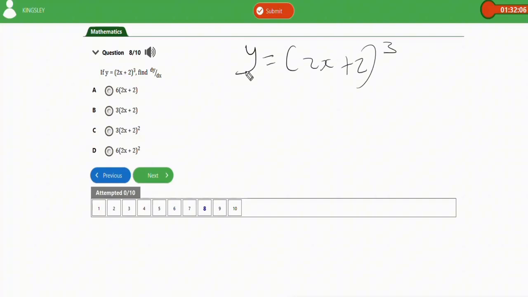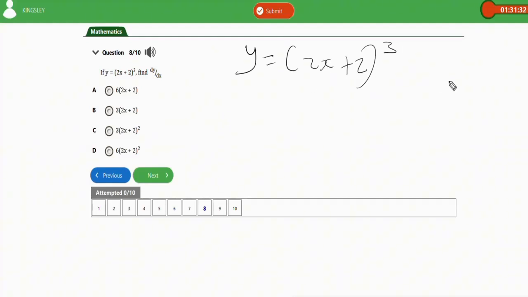Quotient rule is when you are dealing with functions that involve division, whereas chain rule involves a situation like this, where you have exponents or power as the value of a given function. So when you have a function in brackets with a power or exponent, you are going to apply chain rule to solve it.